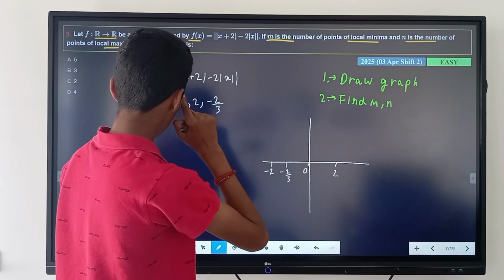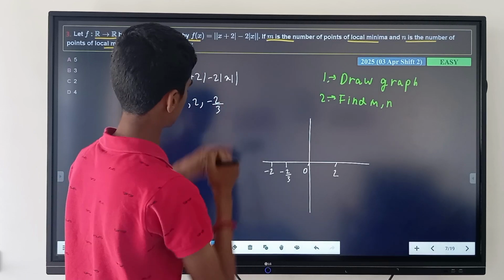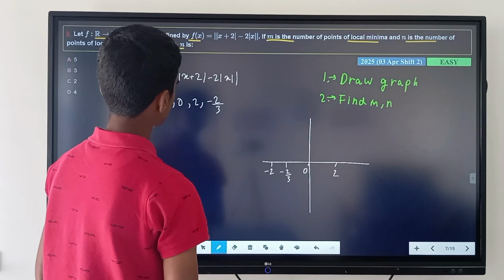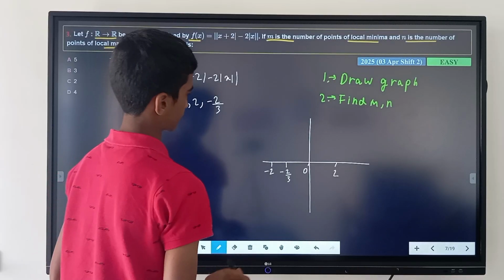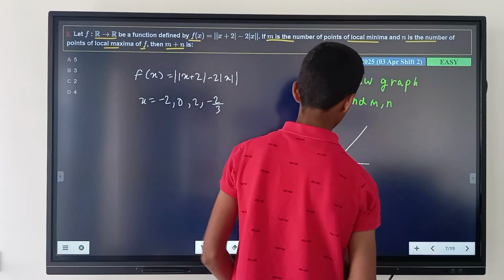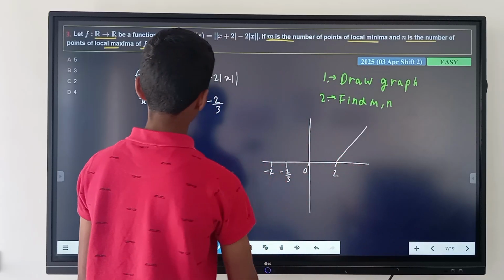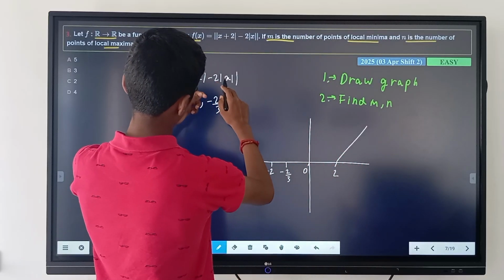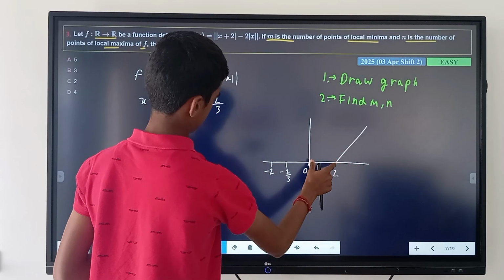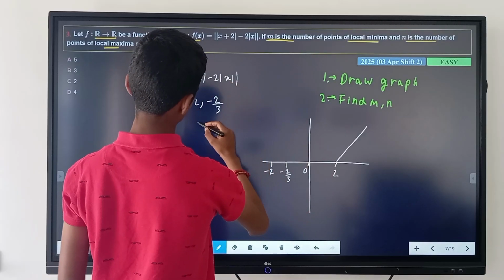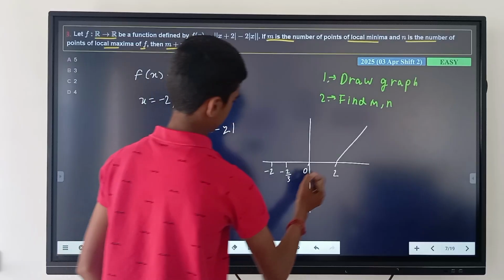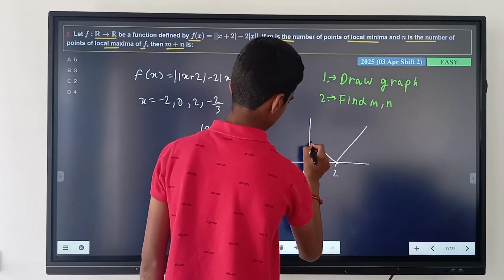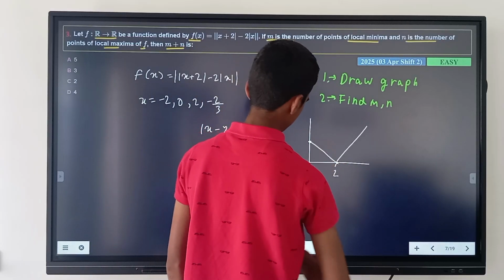Now, when x is greater than 2, both will open as positive, then we will get mod of minus x plus 2, or mod of x minus 2, like this. And when x is less than 2, between 0 and 2, both will open with positive, mod of x minus 2, but this will open with negative. So, like this till 0.